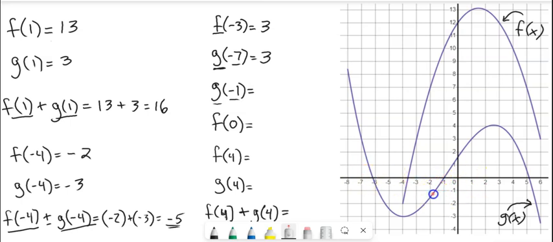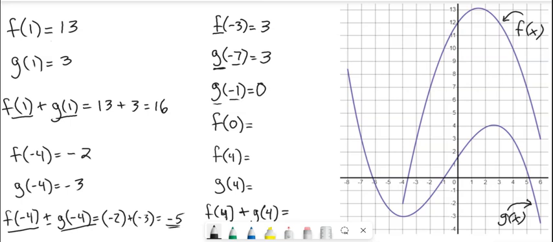The g of x curve is crossing over the x-axis right here at negative 1, and the x-axis is where y is equal to 0. And so the answer to this is 0. So g of negative 1 is going to be 0.